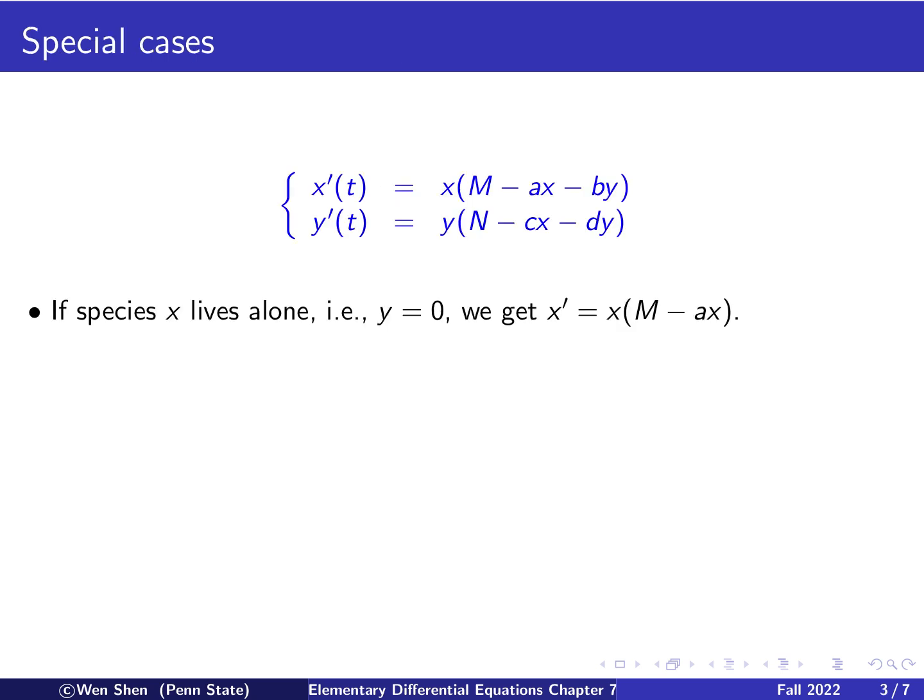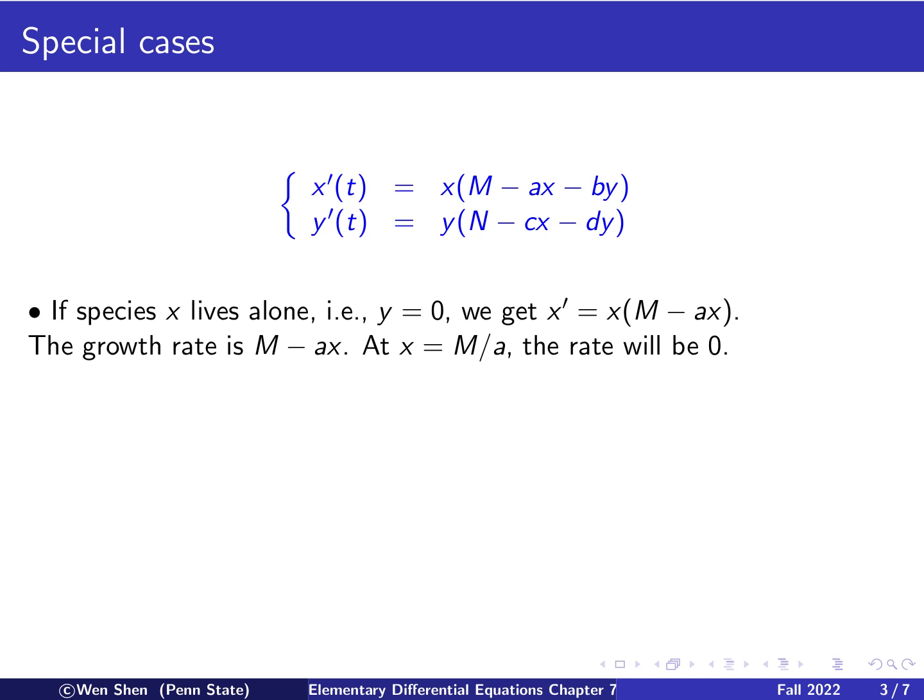Okay, now let's take a look at the physical meaning of this system, which is in blue here. Let's consider the situation that species x lives alone. That is, the population for y is 0. Then we just have the first equation. Where y is 0, we have x prime equals x times M minus ax, because by is gone. So we recognize this as the logistic equation.